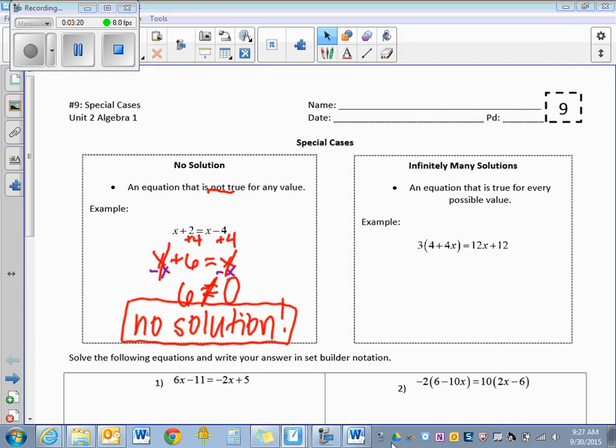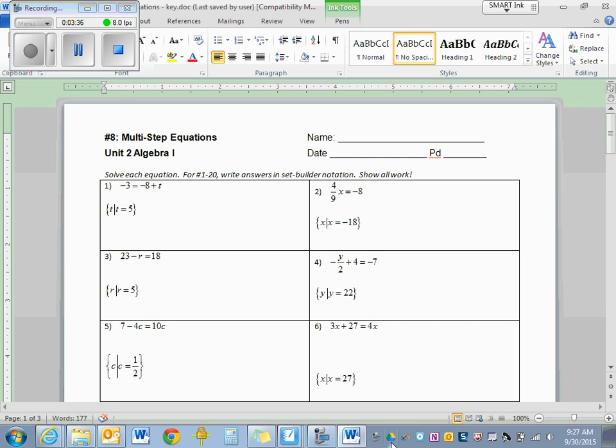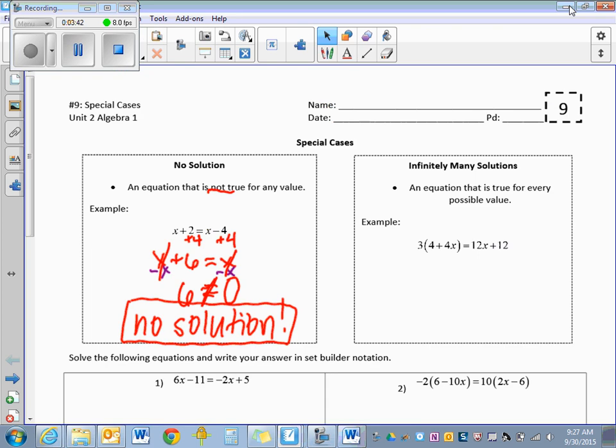Alright, let's take a look at infinitely many solutions. So this is an equation that is true for every possible value. No matter what number I put in there, it's going to work. Alright, so what's our first step? What is our first step for this problem?